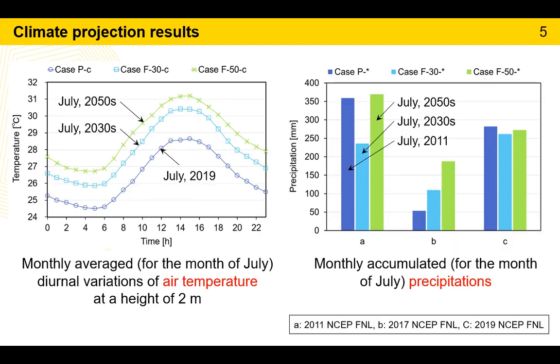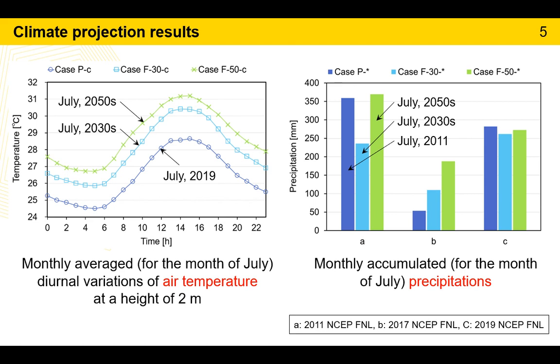So these are examples of the climate projection result. The left figure shows the monthly average diurnal variations of air temperature at the height of 2 meters. The air temperature becomes higher as the period advances, like this. The right figure shows the monthly accumulated precipitation for the month of July.